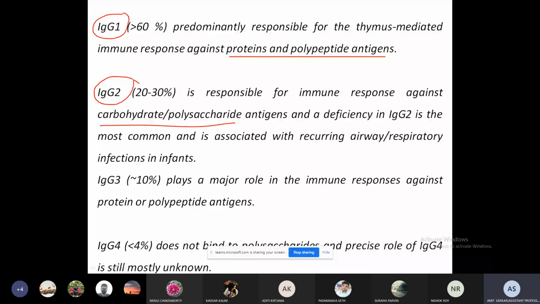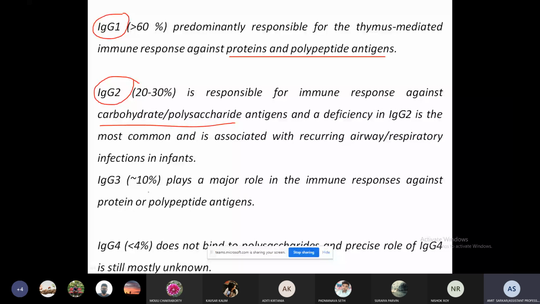IgG3, which is found at even less than 10%, plays a major role in the immune response against polypeptide and protein again, but it's not clear what particular role IgG3 plays, or even IgG4. Very small numbers.